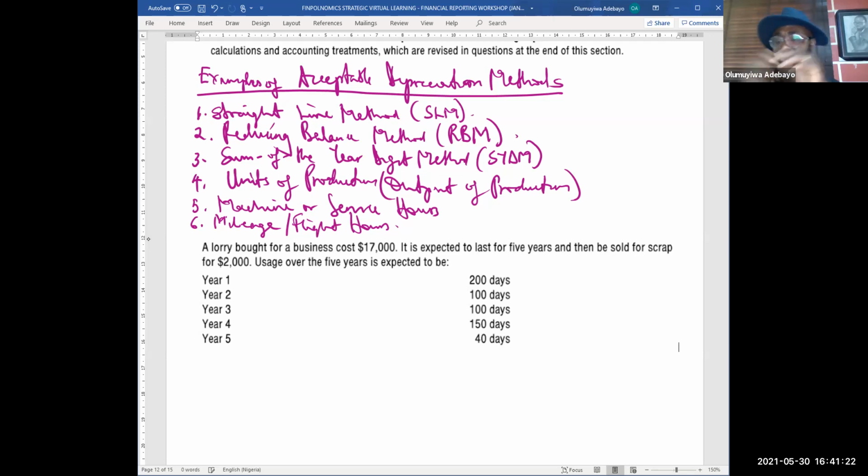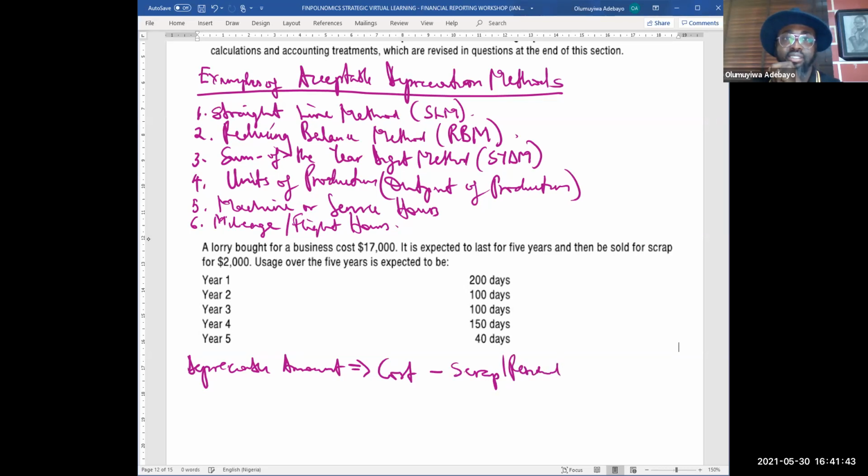The question then is, first, what is the depreciable amount here? Who can tell me? The depreciable amount is the cost minus the scrap or residual value, which means the portion you depreciate over the 5-year period is the $17,000 less what you realize after the useful life of the asset, which means you have to depreciate $15,000 over 5 years.